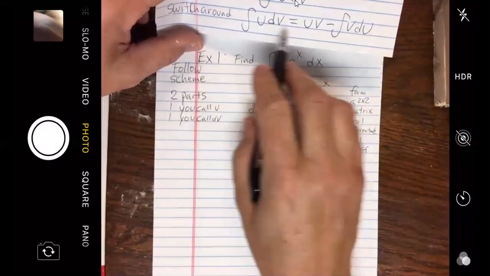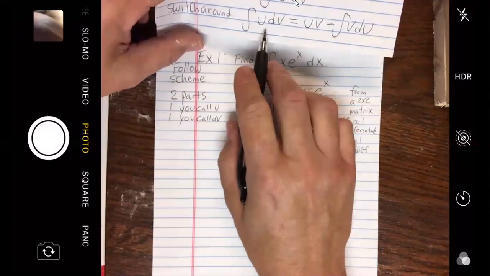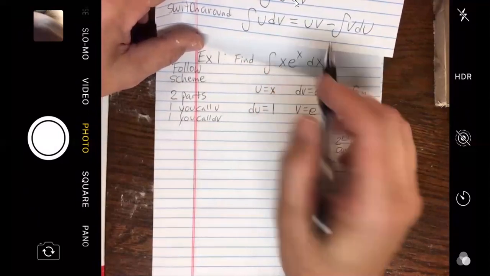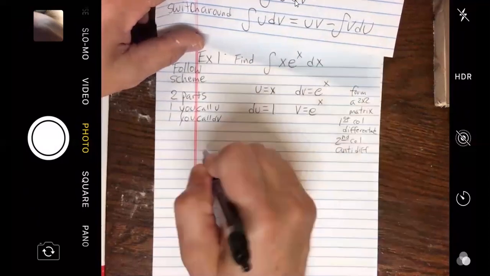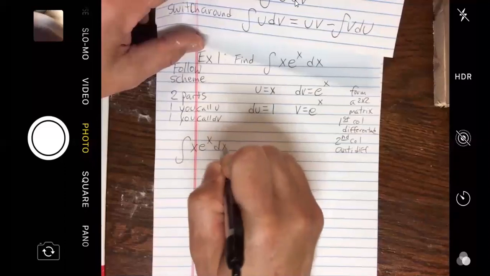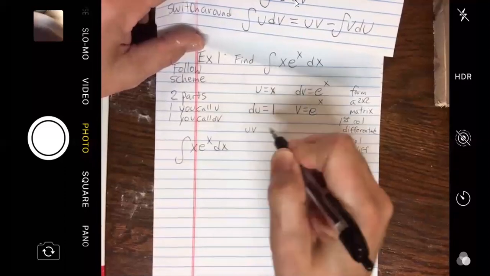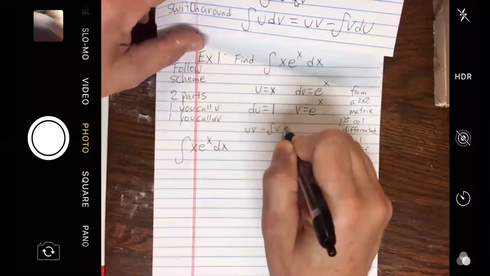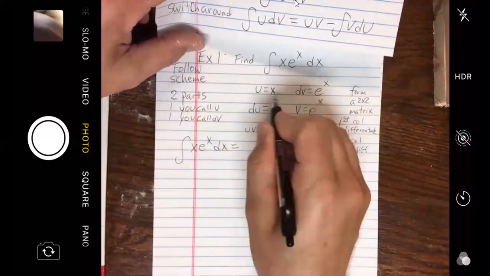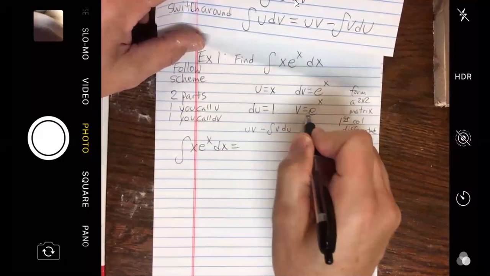We're now going to follow the scheme. I don't pay any attention to this side. You want to form u times v. That's the cross product. So in other words, my integral of x e to the x dx, I'm trying to follow u times v minus integral v du. Well, this u times v is this cross product. You just write down x e to the x.